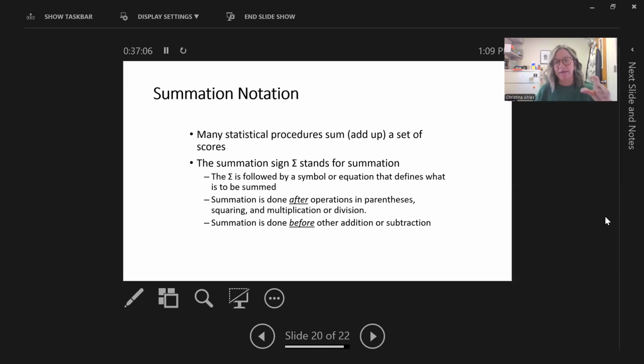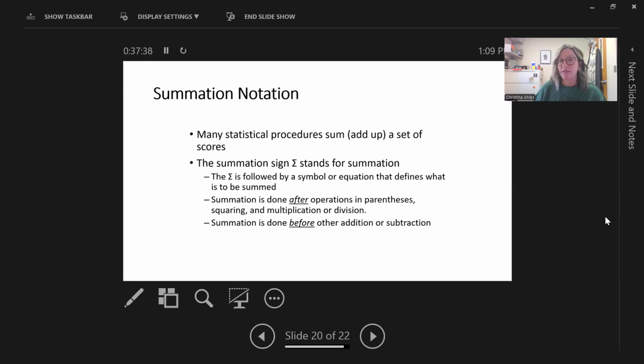Whenever you have that summation symbol followed by a symbol or an equation, it tells you what needs to be added. And remember, summation is always done after operations in parentheses, after squaring, multiplication, or division. It is the same as addition in the order of operations.